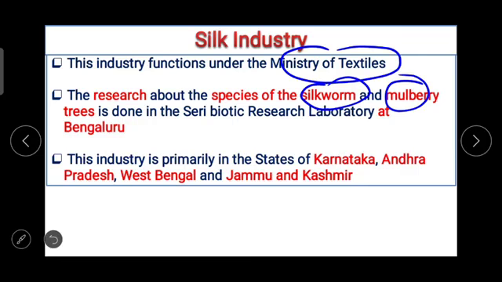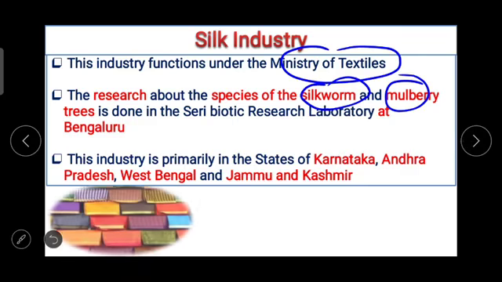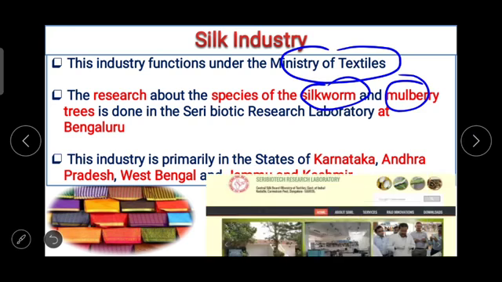This industry is primarily in the states of Karnataka, Andhra Pradesh, West Bengal and Jammu and Kashmir. Now it is being spread in states with predominantly tribal populations also, but basically in Karnataka, Andhra Pradesh, West Bengal and Jammu and Kashmir. Textile industry, silk industry, and the next one is the jute industry.